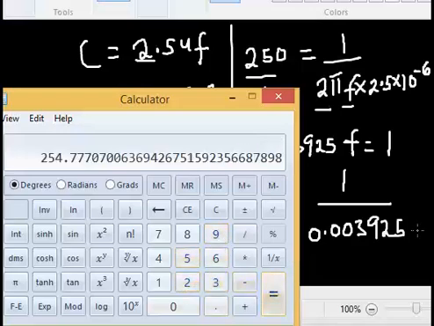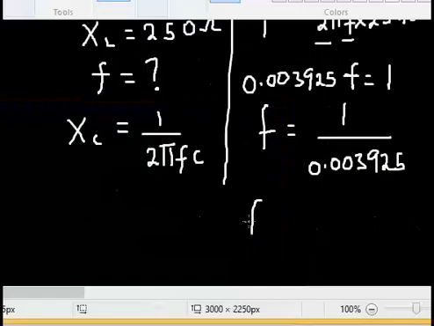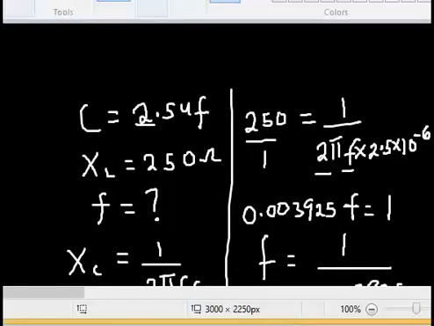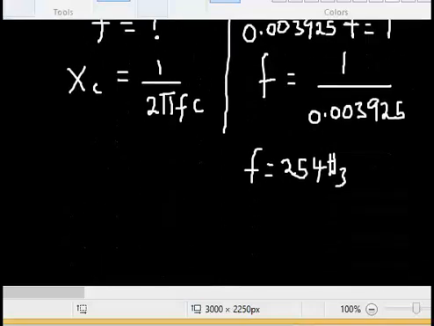What do we have? Approximately 254. So the frequency is 254 hertz. I hope that is well understood. That's the frequency of the alternating current.